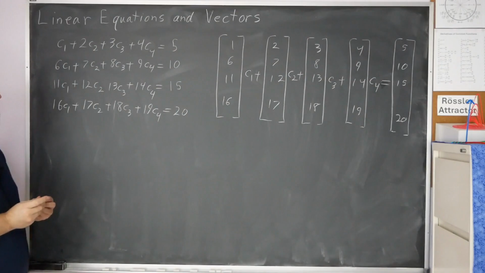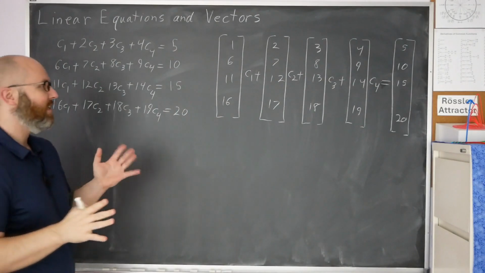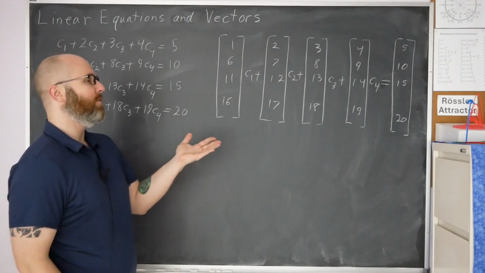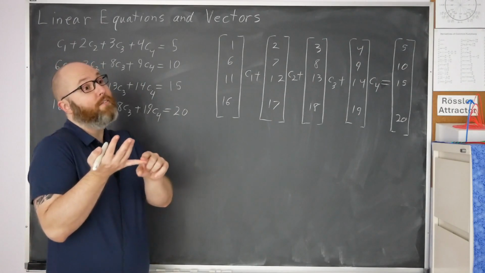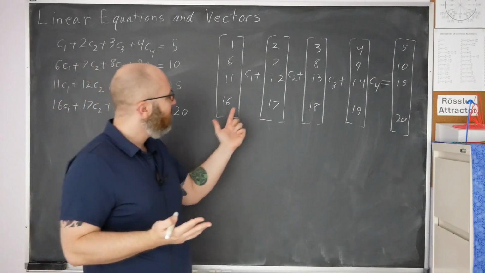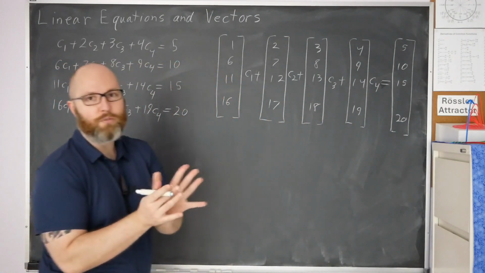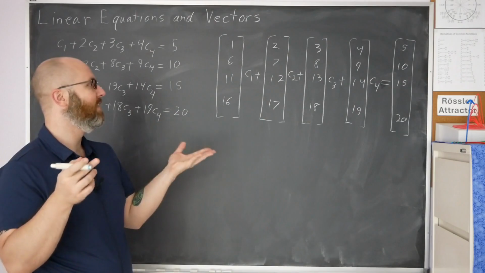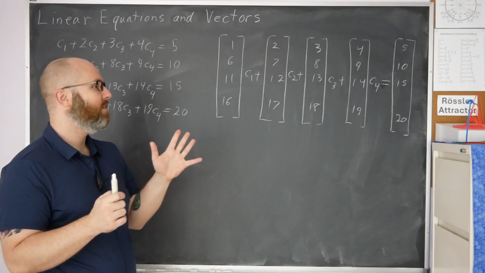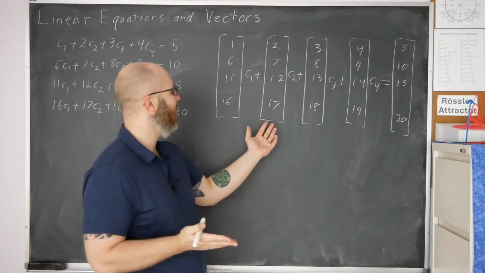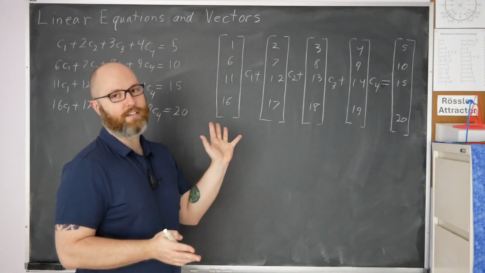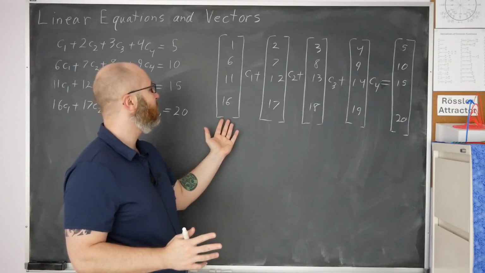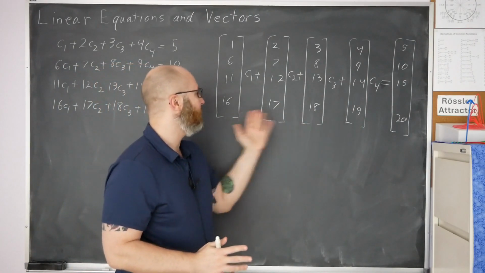All right, so there's kind of collinear, coplanar, that's a little more confusing now. But really what they all shared before is that you could have exactly one solution if all 4 of these vectors point in some unique direction from each other. If they're not pointing in a unique direction, then somehow you could combine 3 of the vectors to make the 4th. But if they're all unique, you can't use the other 3 vectors to make the 4th vector.